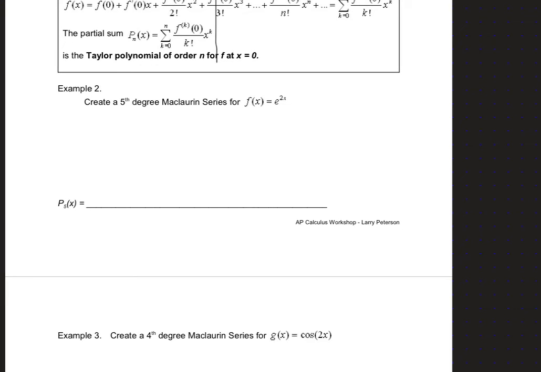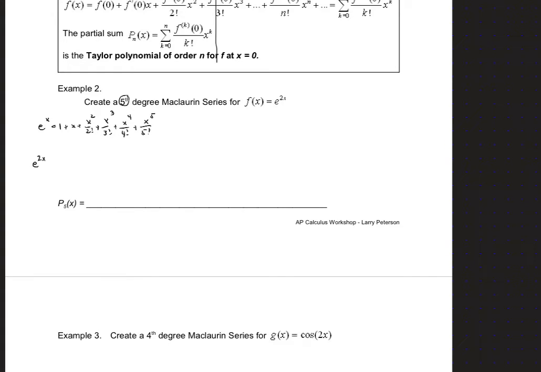Now in example 2, we're going to do a fifth degree, usually you'd call it a Taylor polynomial, centered at 0. So let's see if we can be a little more creative or clever. We know that e to the x, hopefully we know, is 1 plus x plus x squared over 2 factorial plus x to the third over 3 factorial. Remember, we're going to go till we get to the 5th degree: x to the 4th over 4 factorial, and x to the 5th over 5 factorial.